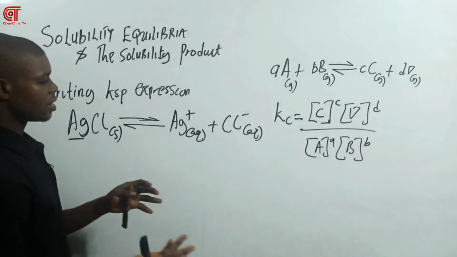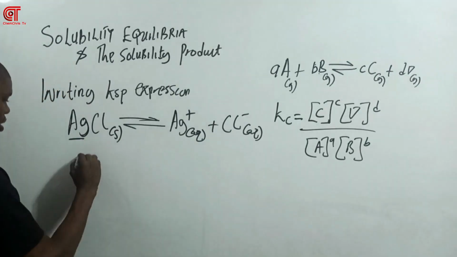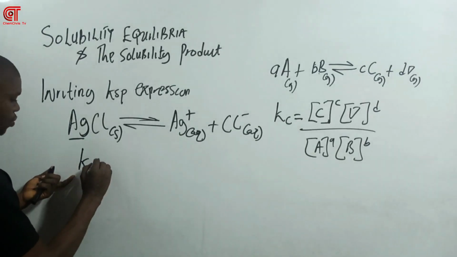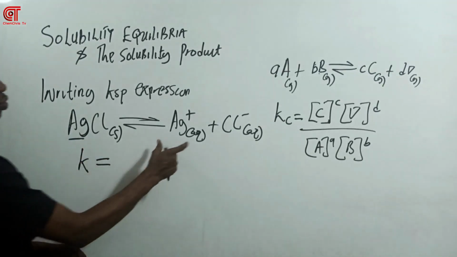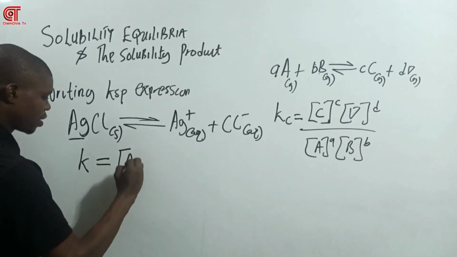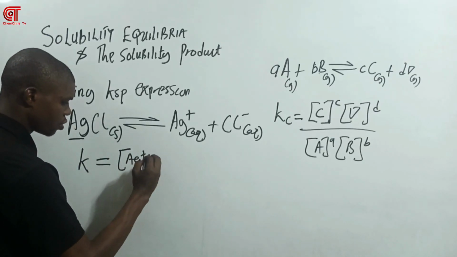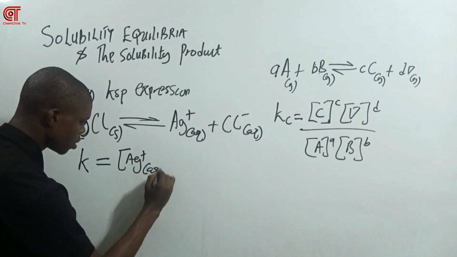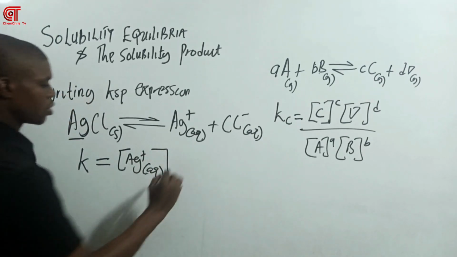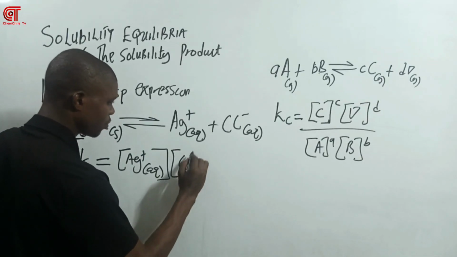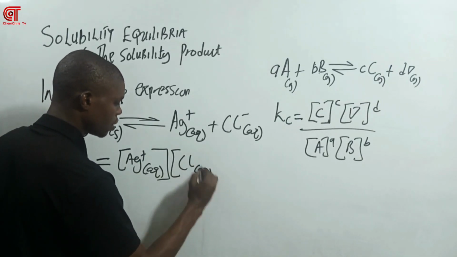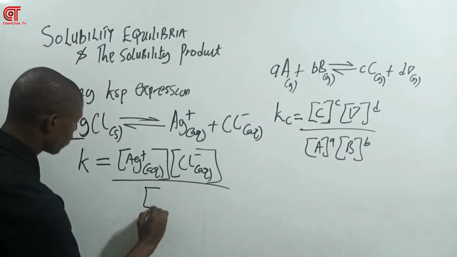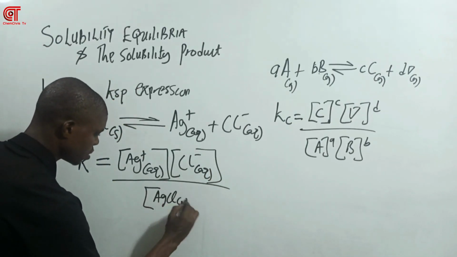So if you want to write the equilibrium constant expression here, K equals the concentration of Ag plus aqueous, times the concentration of Cl minus, the chloride ion, aqueous, over AgCl solid.